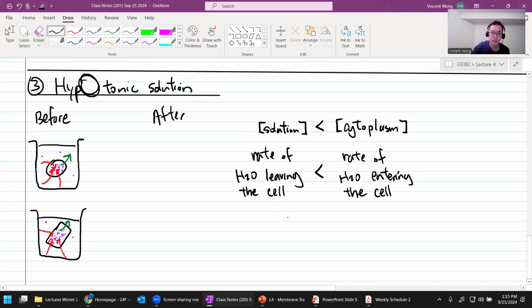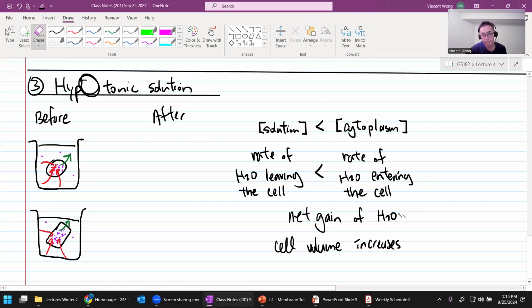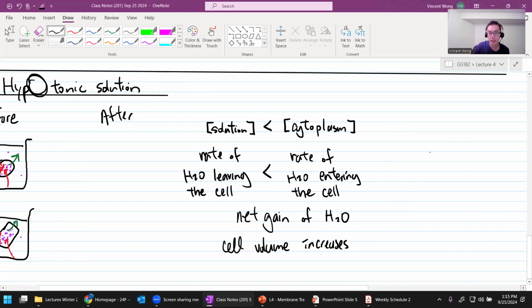Okay. And then what's going to happen is you have net gain of water. Cell volume increases. Let's draw our analogy here.